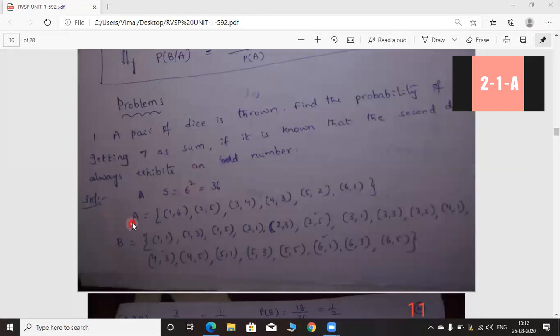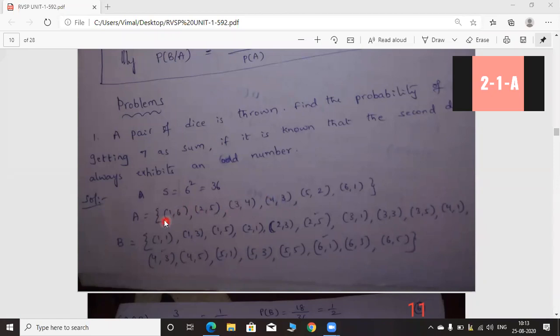Next, event A. What is event A here? Write the elements in event A. Event A is equal to the set {(1,6), (2,5), (3,4), (4,3), (5,2), (6,1)}. What are these values?